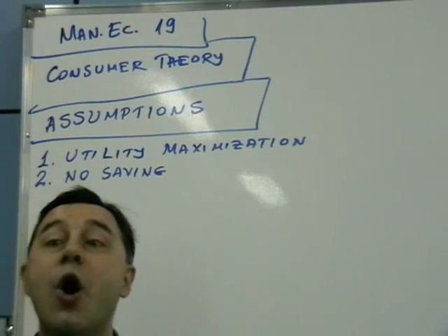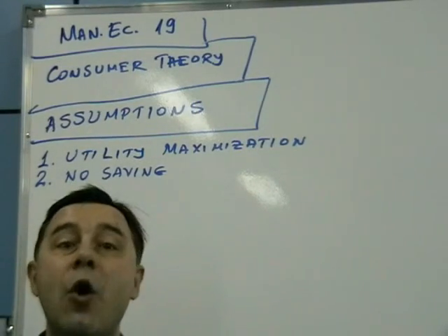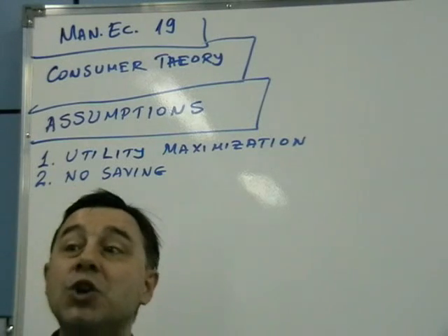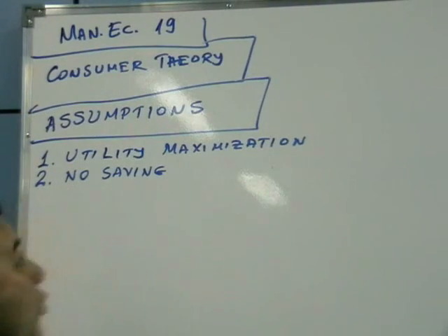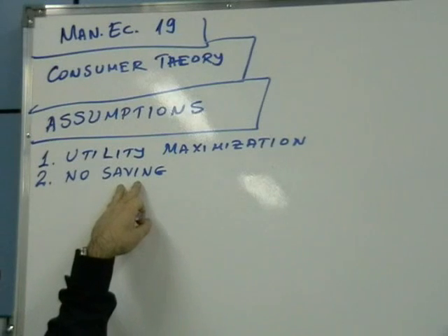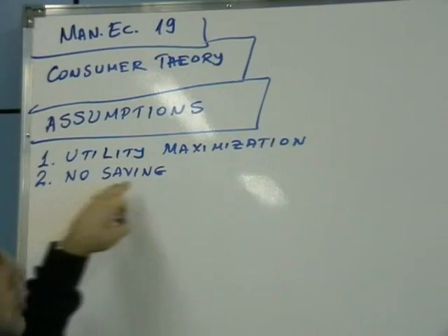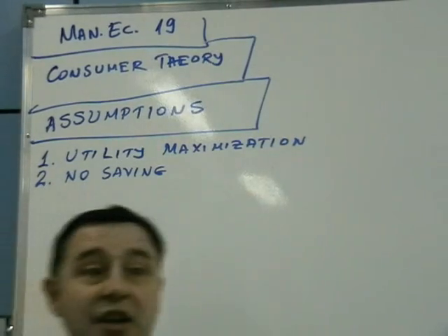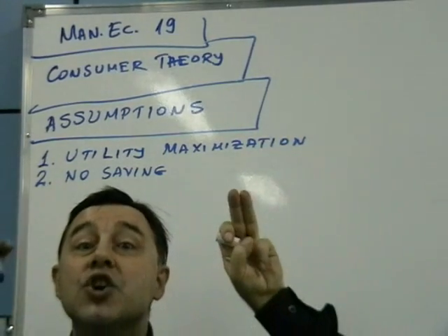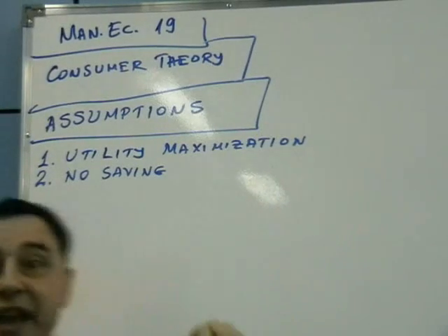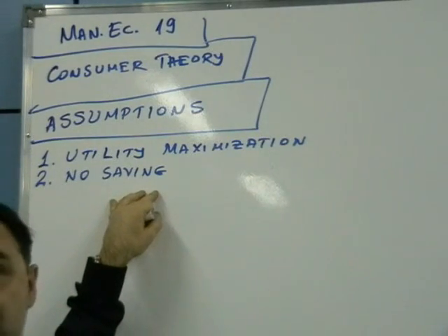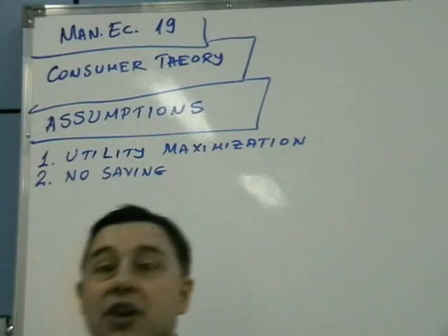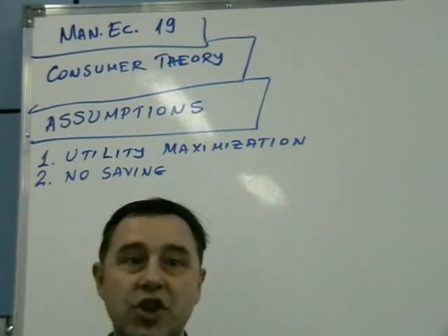In other words, all results and all conclusions follow identically when you allow savings. To derive the theory, we use the no savings assumption, but when we relax the assumption, which means we allow savings, results and conclusions don't change.